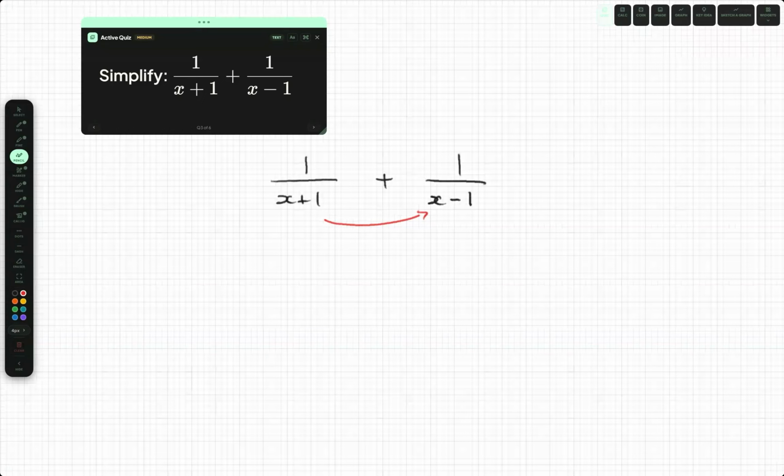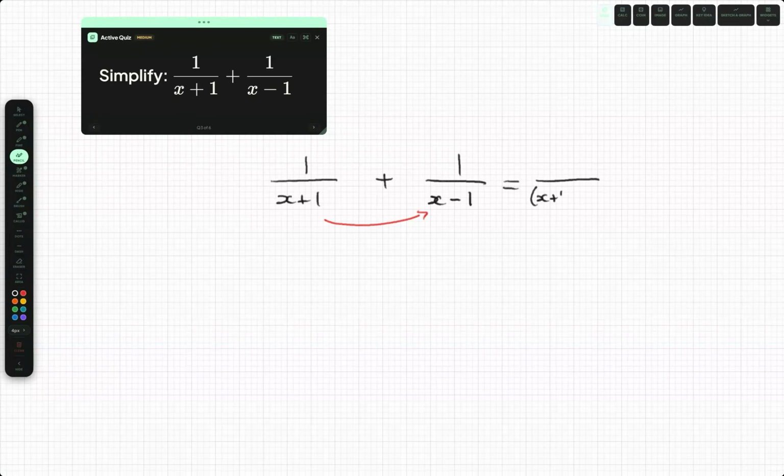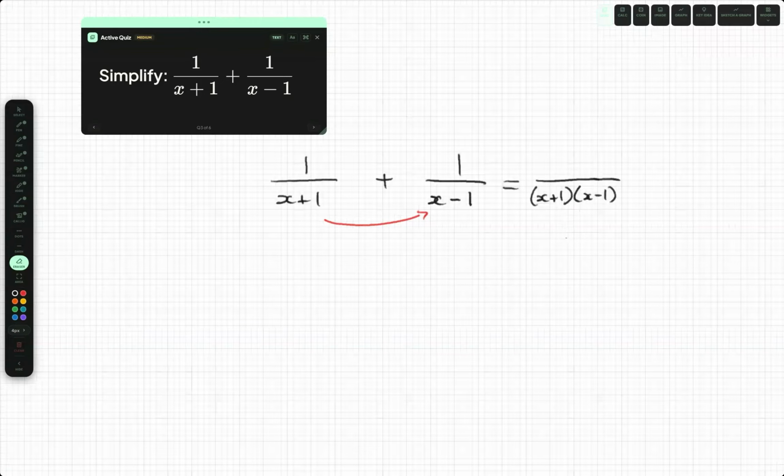And once you've done multiplying the two denominators, then we can look at how we've affected each one of these fractions. x minus 1, x plus 1 over x plus 1 times x minus 1, and just leave it in brackets. Okay, leave it in brackets. In between there is implied multiplication, so we don't need to worry about it, but it's there. Just remember that when we have brackets right up against each other, it means that they're implied multiplication.